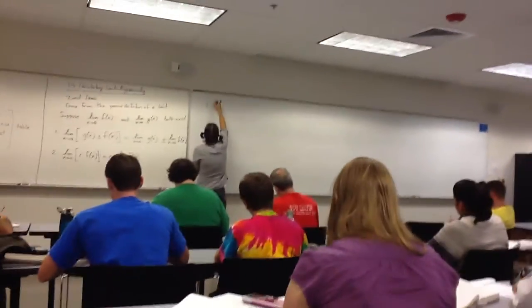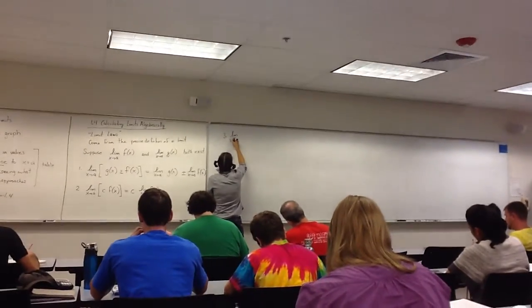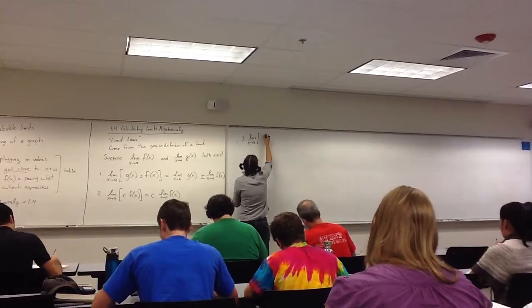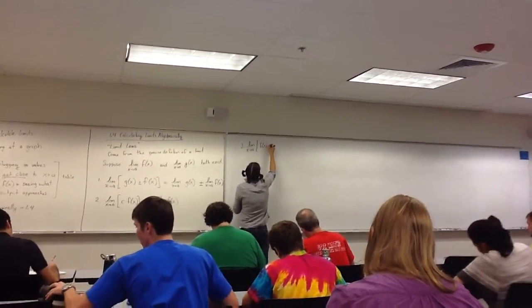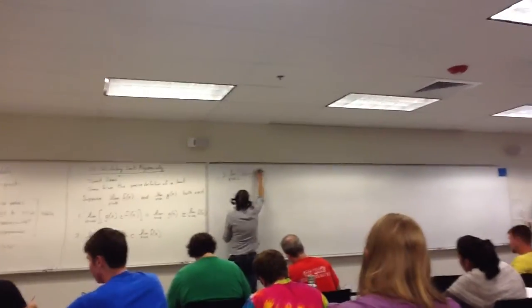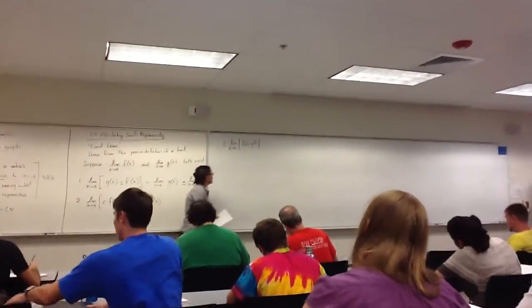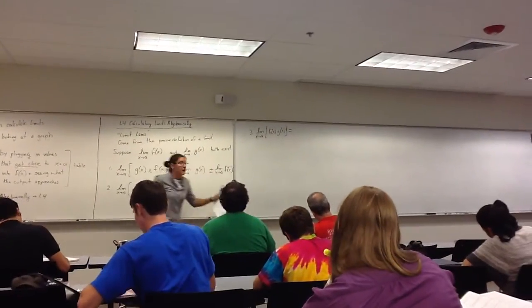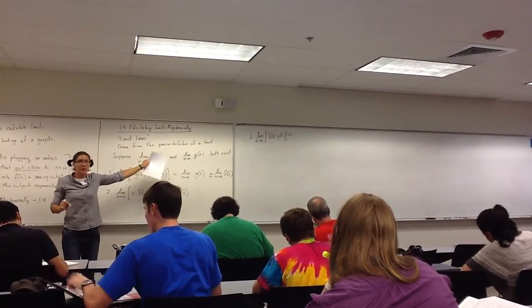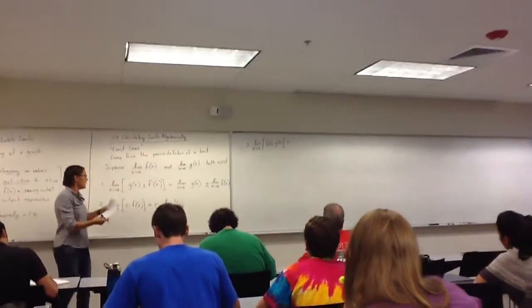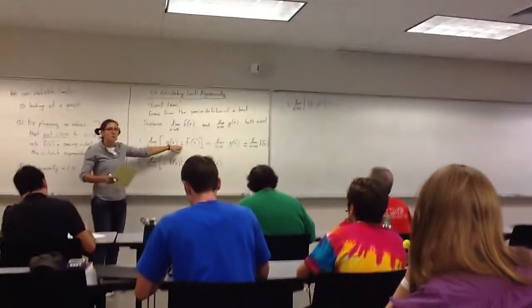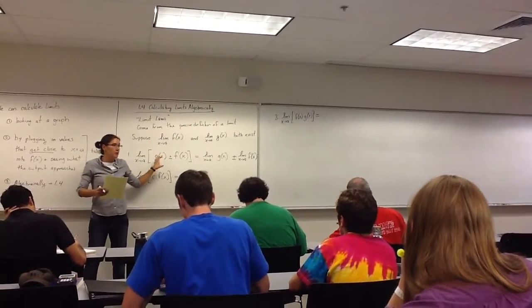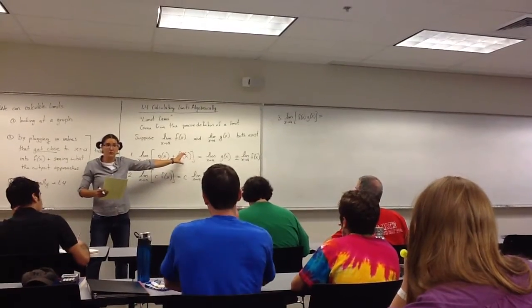Rule number 3. The limit as x approaches a of f of x times g of x. Now, this is going to be a little bit different than normal distribution that you're used to. Like when we have a plus or minus, it seems reasonable that we can take the limit symbol and put it in front of both the g function and the f function.